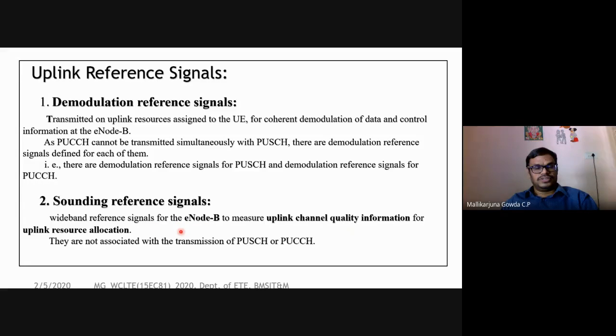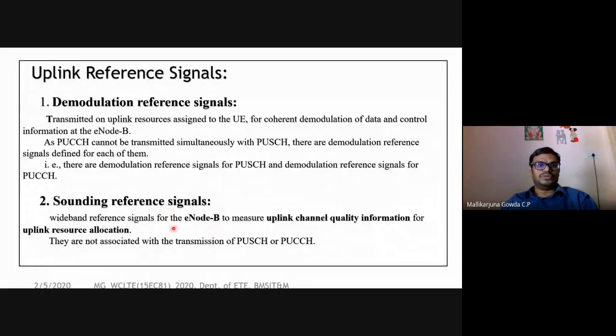The sounding reference signals are wideband reference signals for the eNB to measure the uplink channel quality information for the uplink resource allocation. And these sounding reference signals are not associated with the physical uplink control channel or physical uplink shared channel.